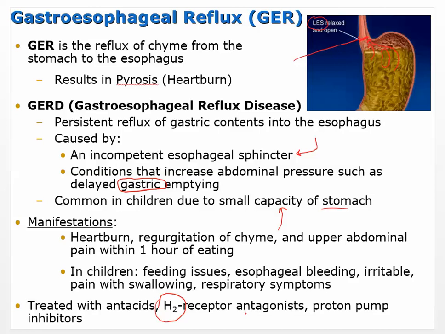So you activate those histamine receptors on the parietal cells, and it tells those parietal cells to make more acid. If you antagonize those, then that shuts it down. Or you can stop the proton pump, proton meaning hydrogen, which is acid production. This normal activity we have of pumping hydrogen into our stomach to make it acidic, we can just shut down that pump. Okay, so proton pump inhibitors. Those are some other treatments.